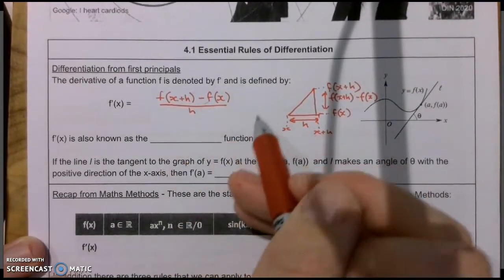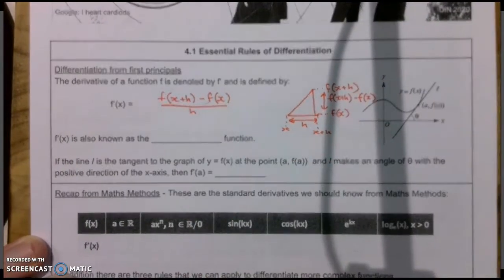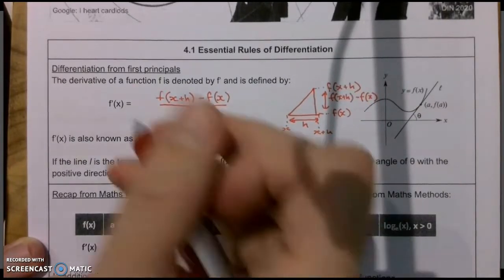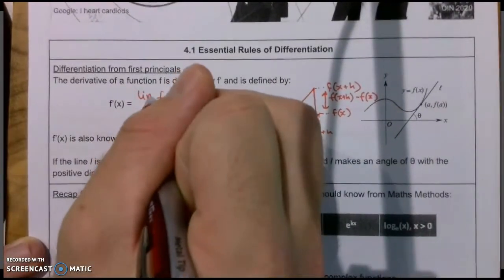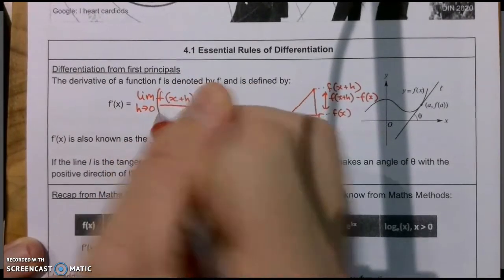Now we define that to be the gradient of the chord, which hopefully we're comfortable with, and what we look at is the limit as h tends to 0 of this thing.